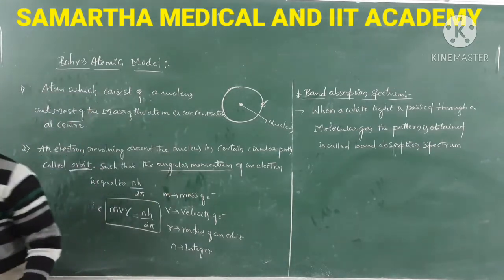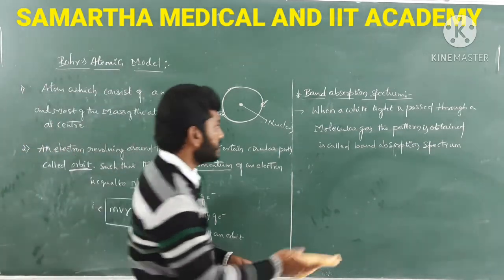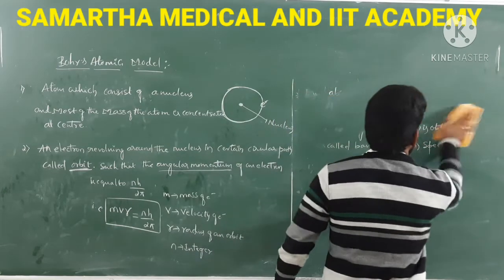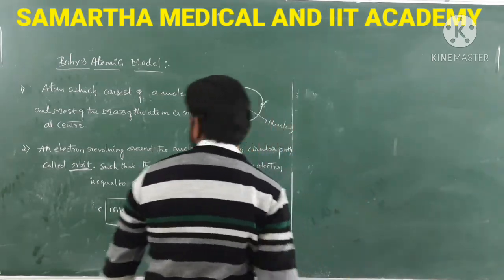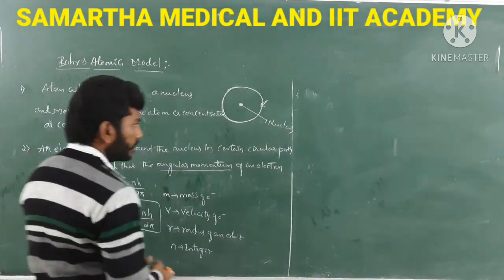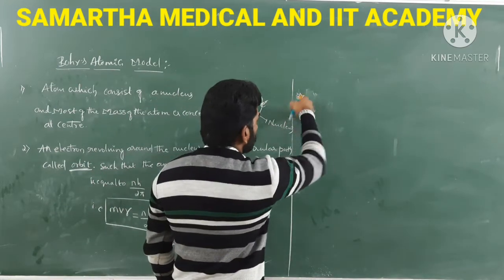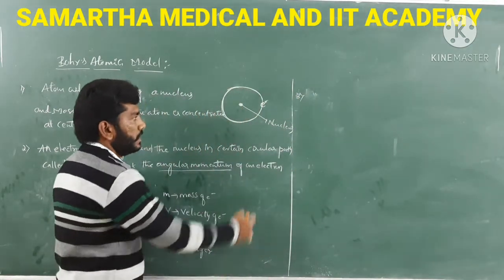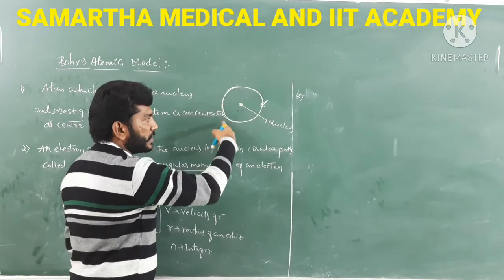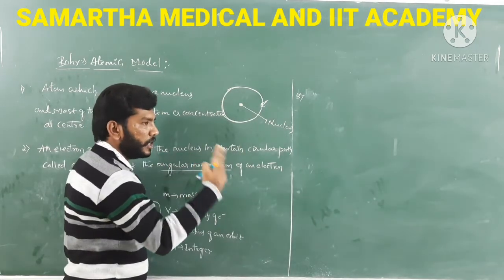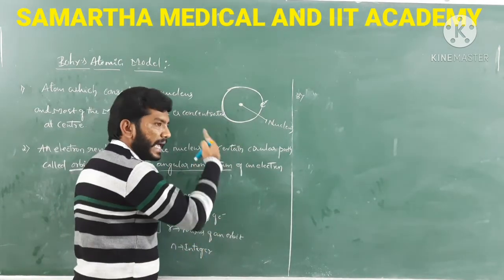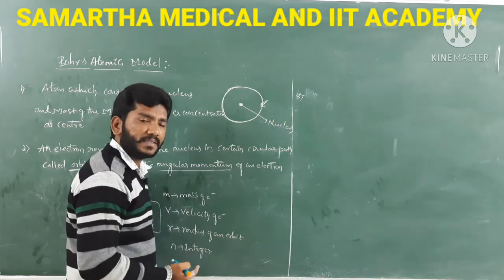So let's concentrate on the third. What is the third postulate he has given? Observe here, the electron is revolving in a circular path.